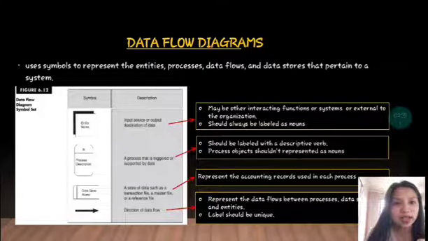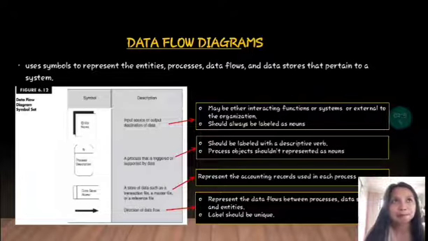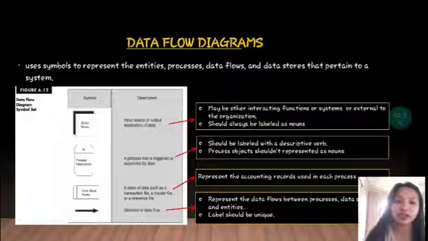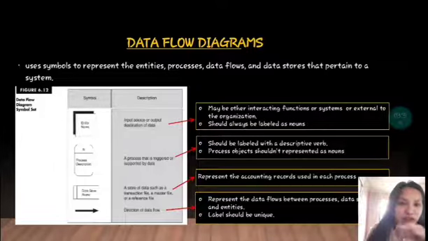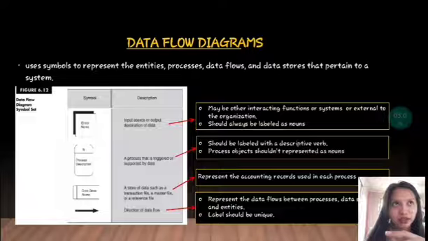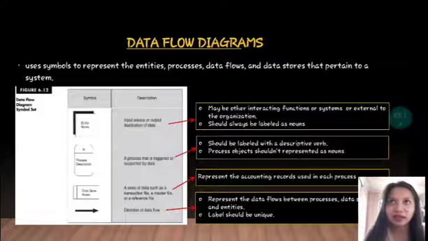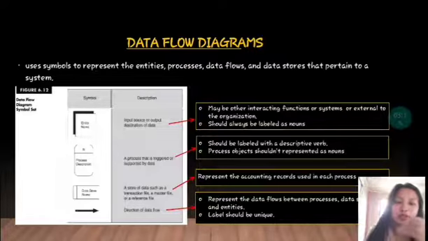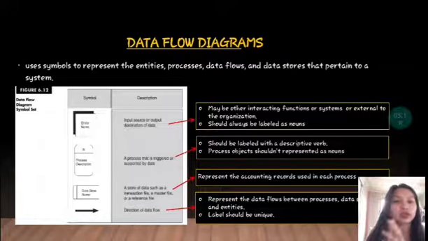As based on my examples, there are verbs there, the update, the ship, and the receive, because a process is more on action. That is why it is labeled with descriptive verbs, not nouns like the warehouse, the accounts receivable department, or the sales department. So the process description should not be labeled like that.